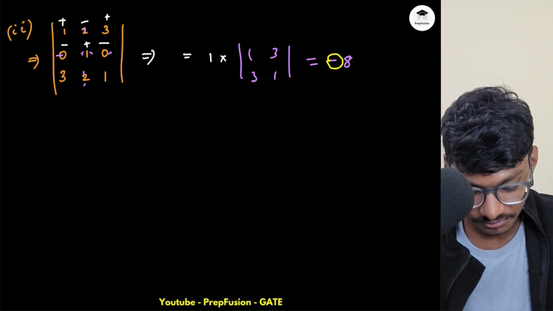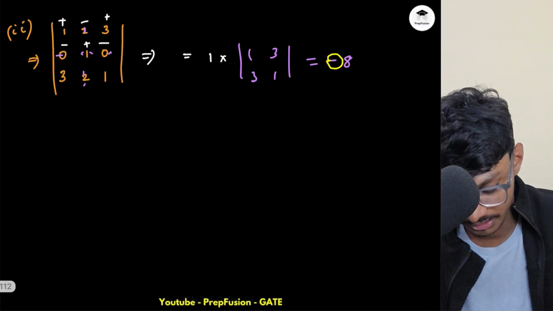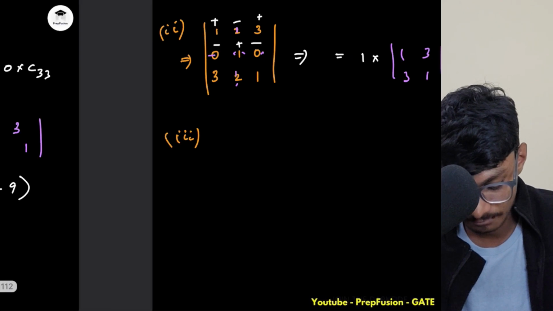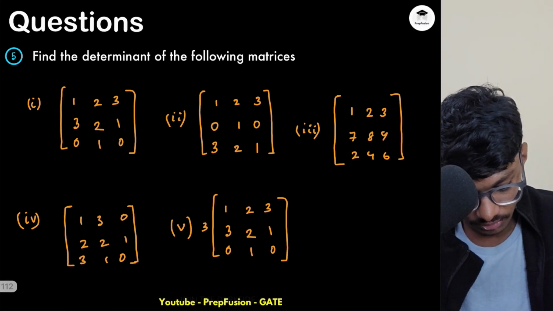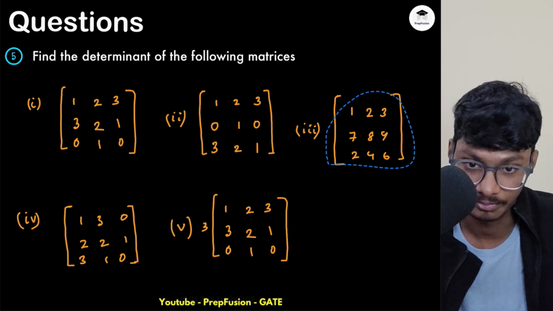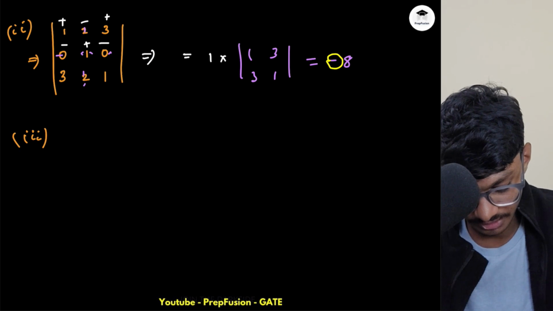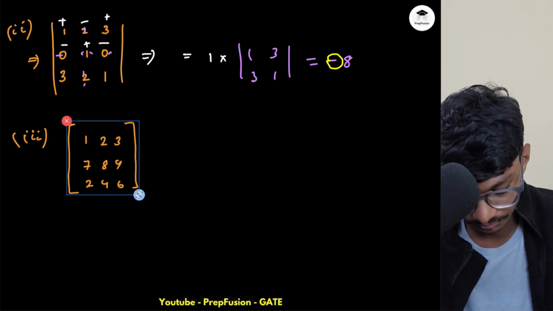So yeah, minus 8. Next, the third case. There is no relation between the previous matrices. Let me just copy and paste this.